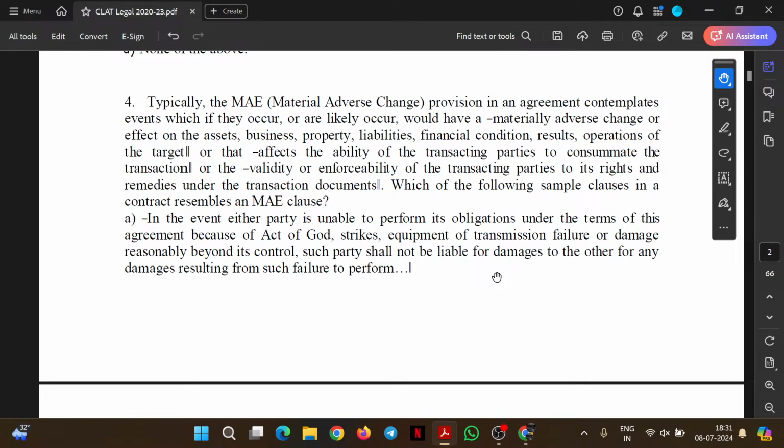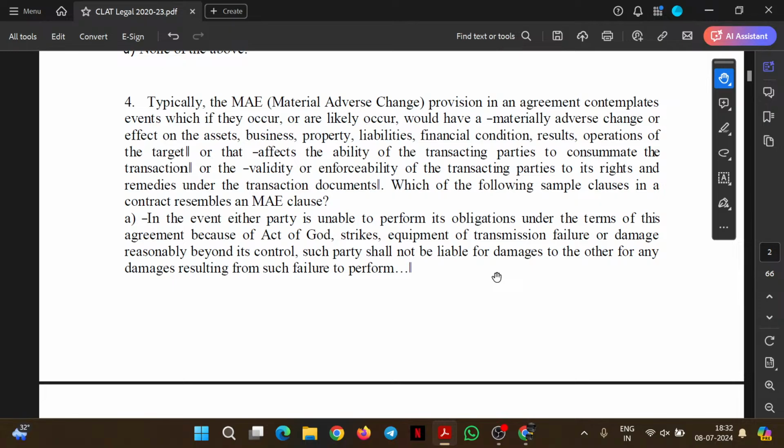Typically, the material adverse change provision in an agreement contemplates events which, if they occur or are likely to occur, would have a materially adverse change or effect on the assets, business, property, liabilities, financial condition, results, operation of the target, or that affects the ability of the transacting parties to consummate the transaction. Fair?